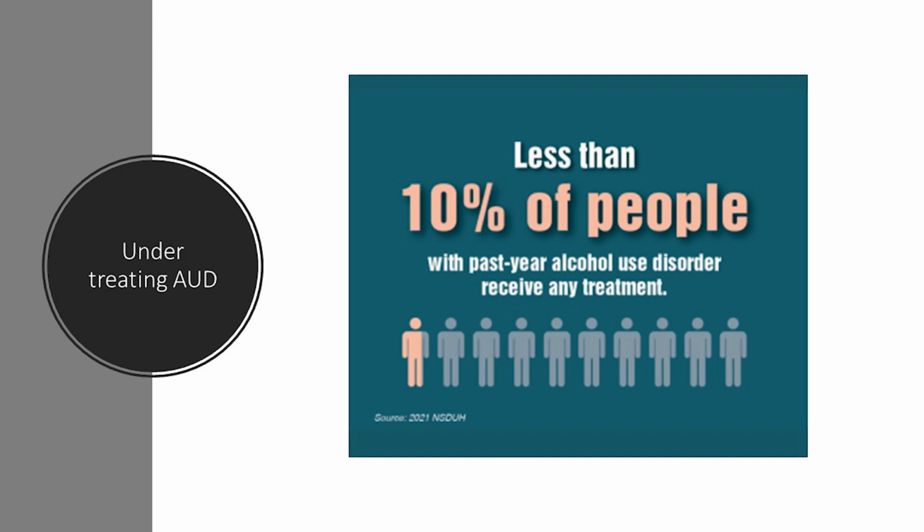And how are we doing to treat these folks? At this point, in 2021, only about 10% of people with AUD were getting some form of treatment. And most times, even if they were getting treatment, the treatment did not include medicines.